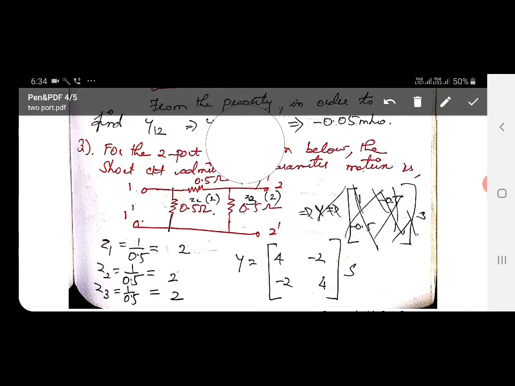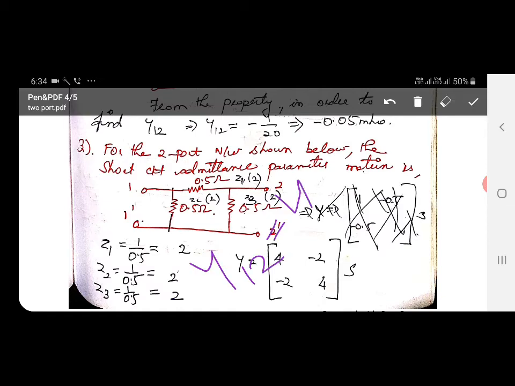For y12, we know that y12 is equal to y21. It is the reciprocal of 0.5 with a minus sign, which is minus of 1 divided by 0.5, which is minus 2.